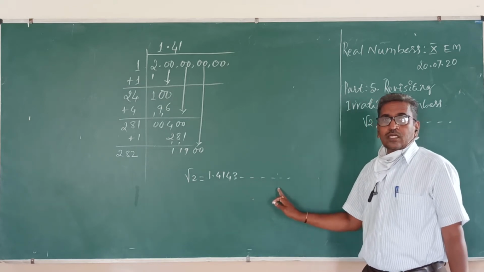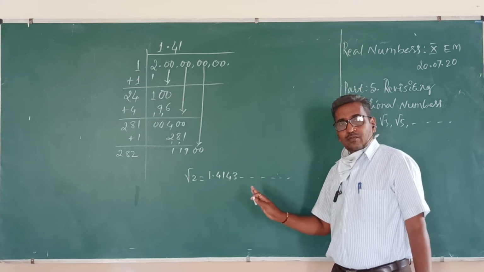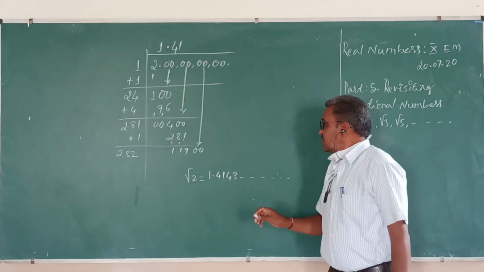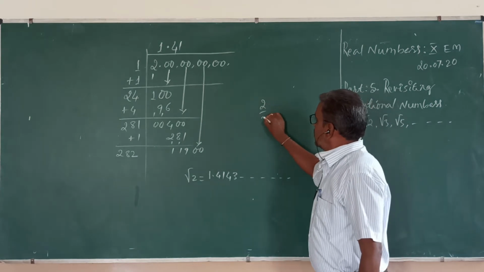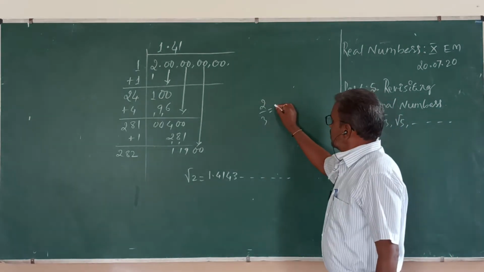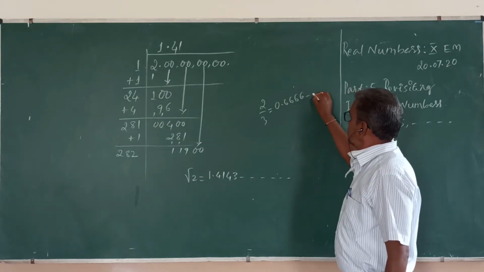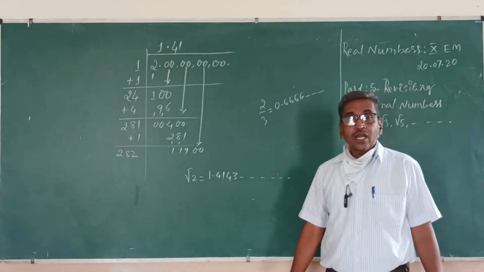It means the decimal is non-terminating. Sometimes, for example, 2 by 3 is 0.666, which is said to be recurring, repeating.